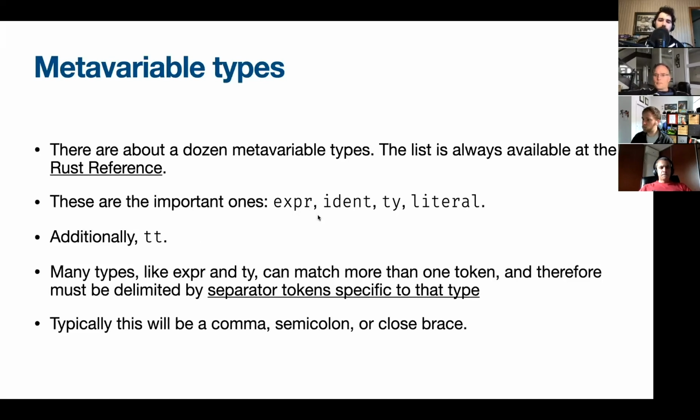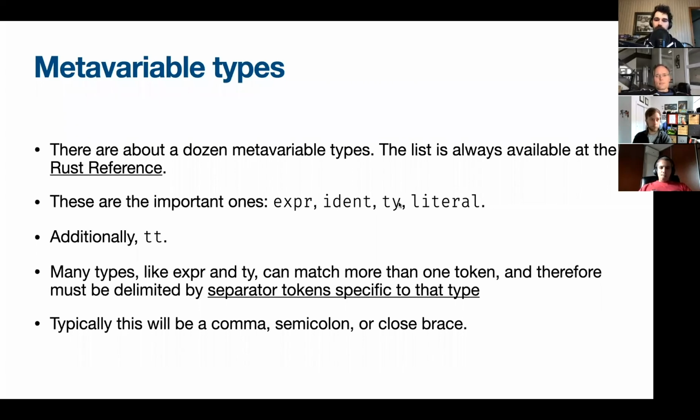So for these types that have more than one token, so expression can match several tokens, a type can match several tokens. Rust will match those greedily. It'll always match as much as possible. And therefore, in order to make sure that it's always unambiguous, those types always have some set of terminators that are allowed.